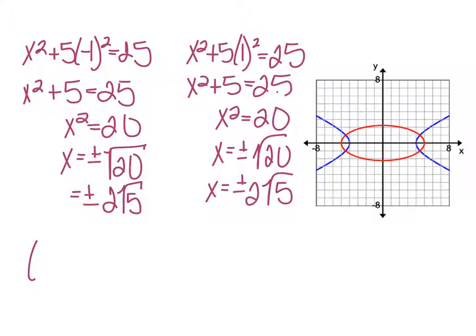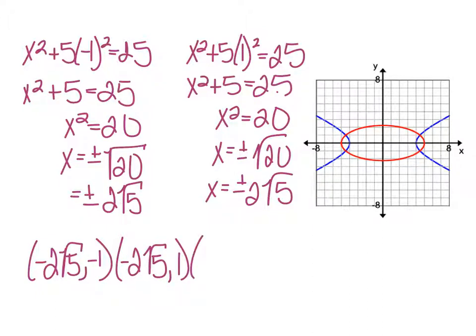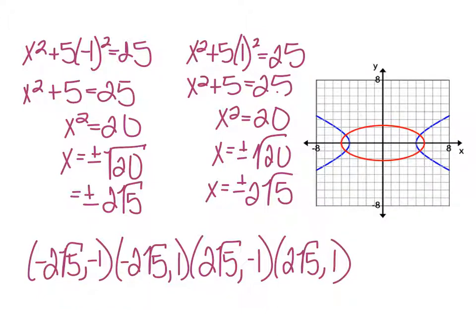We have the solution negative 2 root 5, negative 1. We have negative 2 root 5, positive 1. And then we have positive 2 root 5, negative 1. And positive 2 root 5, positive 1. And you can see that here we have 4 points of intersection. And so that's why we have 4 solutions.